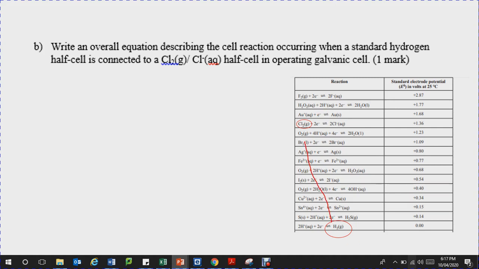If we remember, as we go up on our left, that is our stronger oxidizing agent, and we've got our stronger reducing agent. So our stronger reducing agent undergoes oxidation, and up here will undergo reduction.